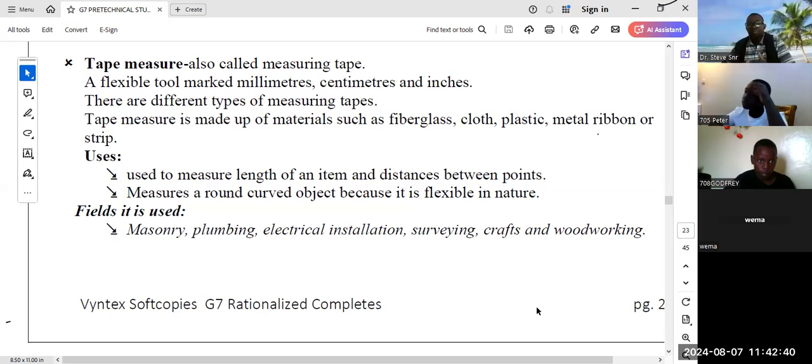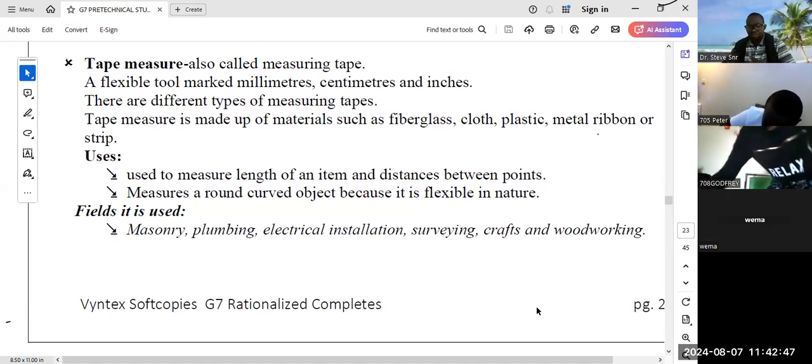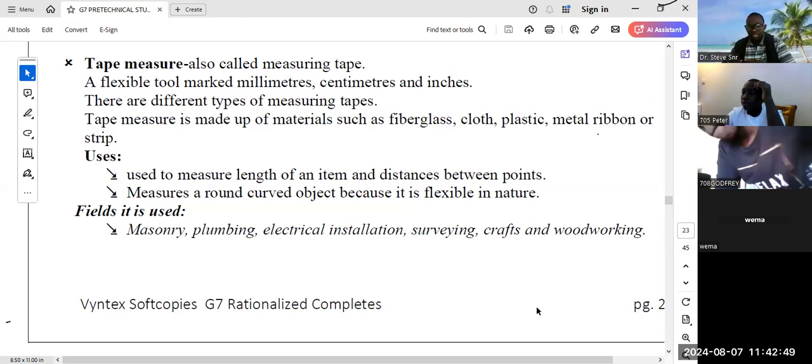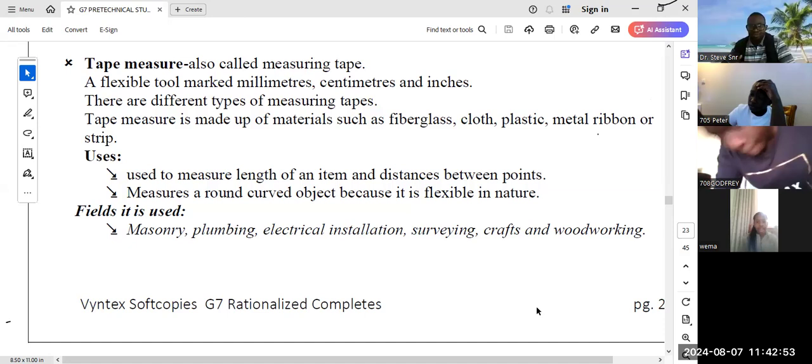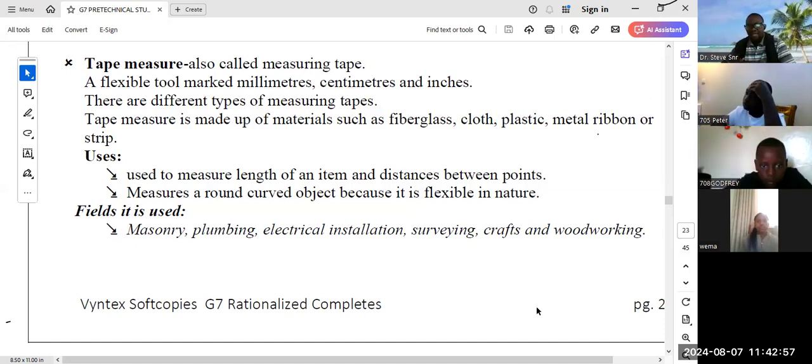Now, it is flexible in nature and it is marked in millimeters, centimeters, and inches. We have different types of measuring tapes, and they are made up of various materials.